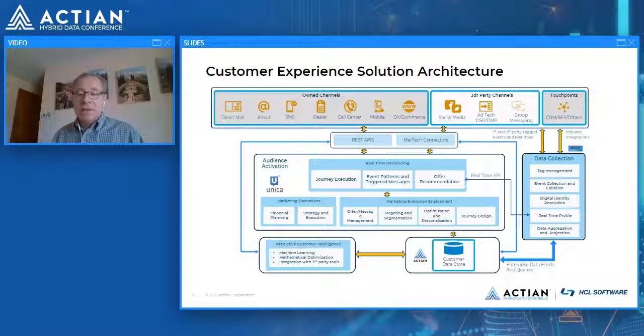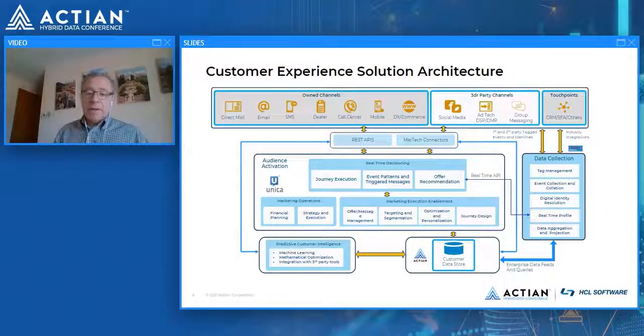On the right side of the diagram is our data collection engine. It is responsible for tagging the channels, collecting event data, digital identity management, event collation, aggregation, and providing real-time access to the data.